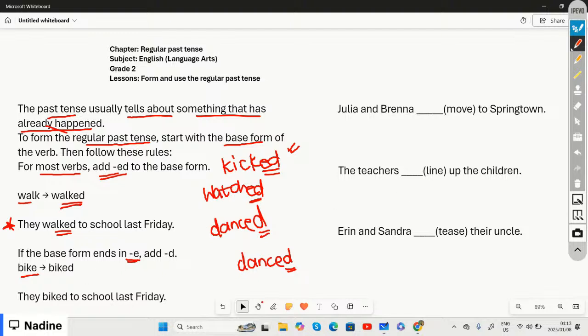But if we want to show the past tense, then we say biked. They biked to school last Friday. All we did was we added a D to our base form of the verb.